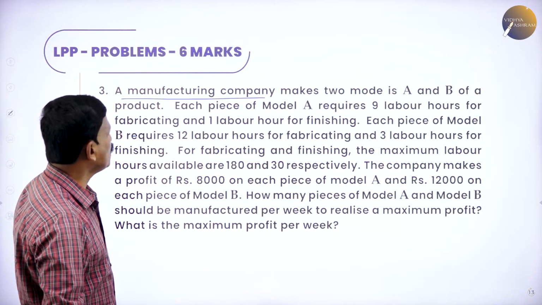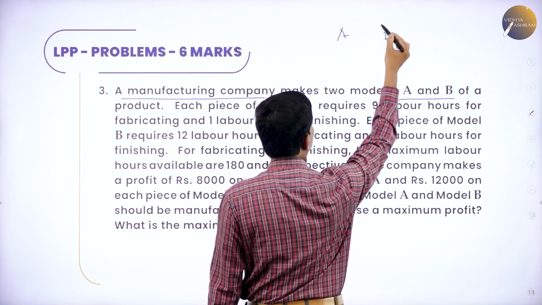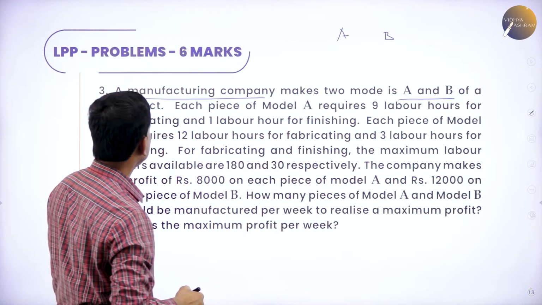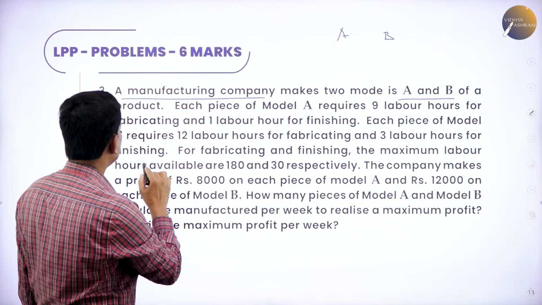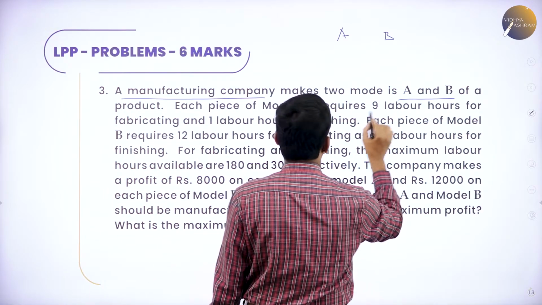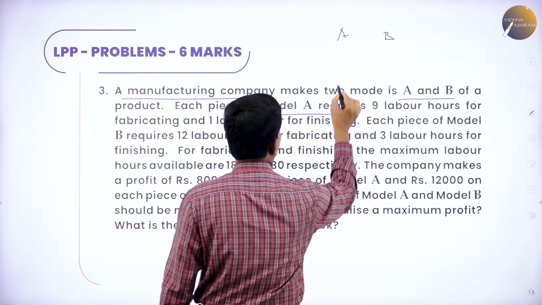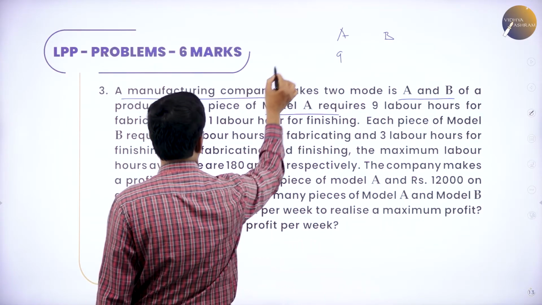Okay. Let us come to the next type of problem, the manufacturing problem. A manufacturing company makes two models, A and B. Each piece of model A requires 9 labor hours for fabrication and 1 labor hour for finishing.